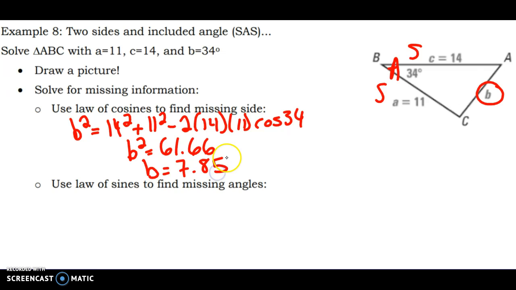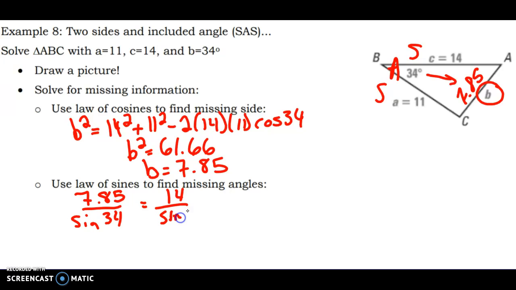b equals 7.85. Now that I have b is 7.85, I have a match, so therefore I can use the law of sines again, because we only use law of cosines once in a problem. Like 7.85 over sine 34 equals 14 over sine c.